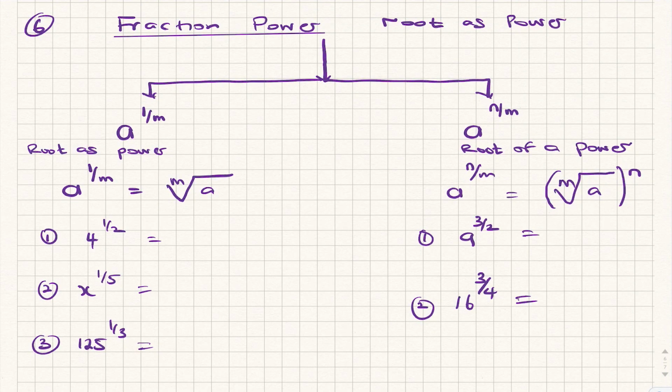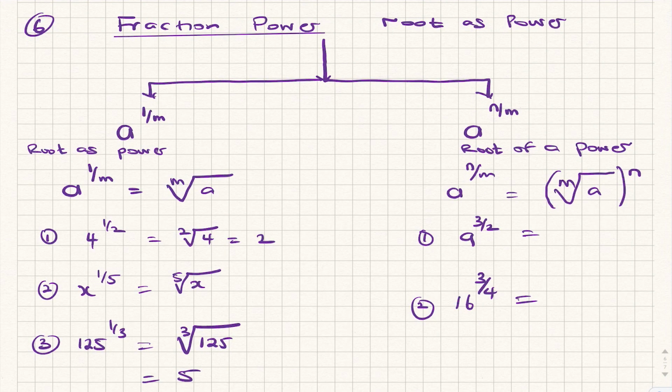Right, I'm presuming you've done them, paused and done them, and now you're checking the solutions. 4 to the power of a half is basically the 2nd root of 4, which will give us 2. This one will be the 5th root of x, and that's just it. This one will give us the cube root of 125. I'm expecting that to be 5.